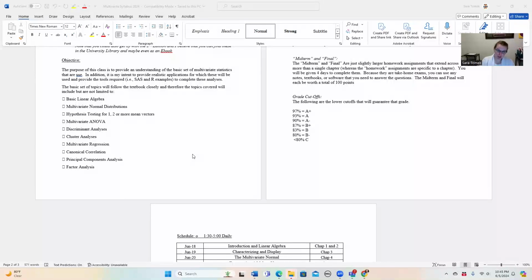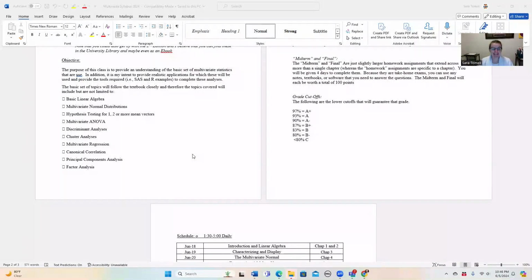First we'll talk about univariate normality and then how relationships change in a multivariate space. Then multivariate ANOVA, where we have multiple dependent measures, and then discriminant analysis, cluster analysis, multivariate regression, canonical correlations, principal component analysis, and factor analysis and how that works in more complex relationships.